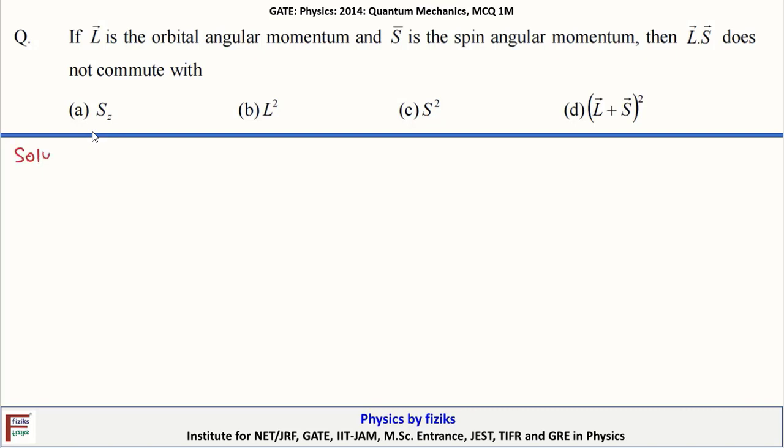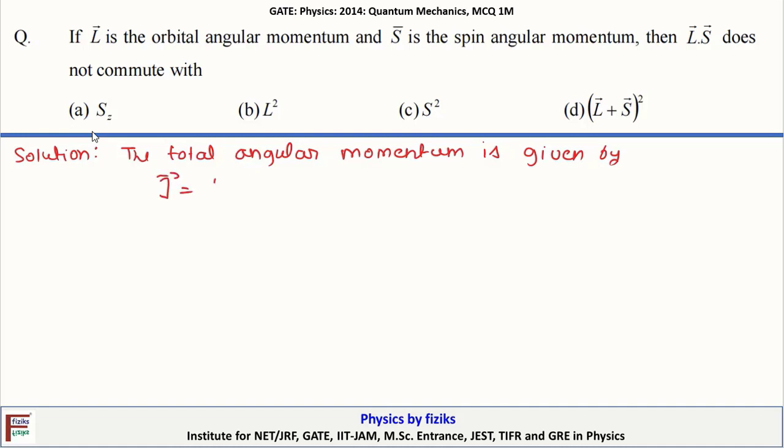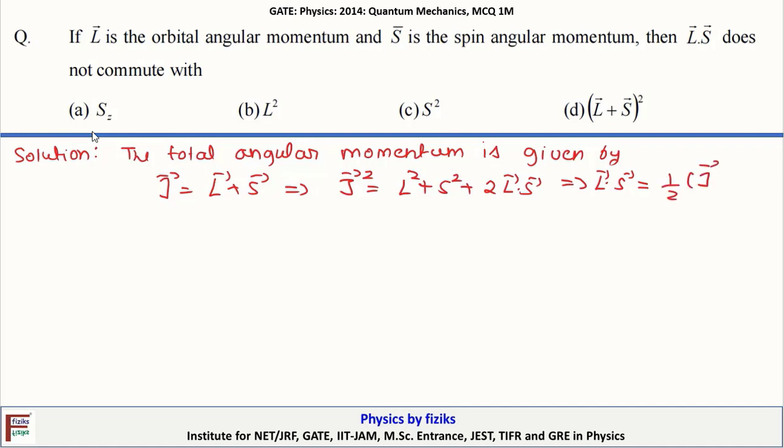Solution: the total angular momentum is given by J equals L plus S, which implies J square is equal to L square plus S square plus 2 L dot S, which implies L dot S is equal to 1 by 2 of J square minus L square minus S square.